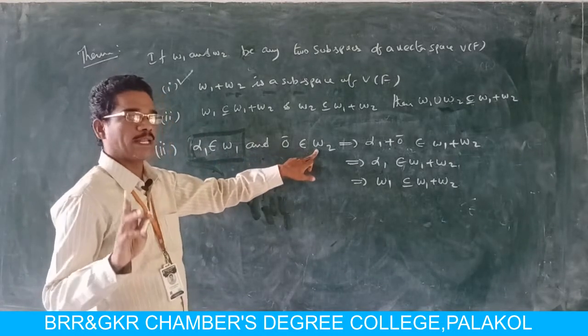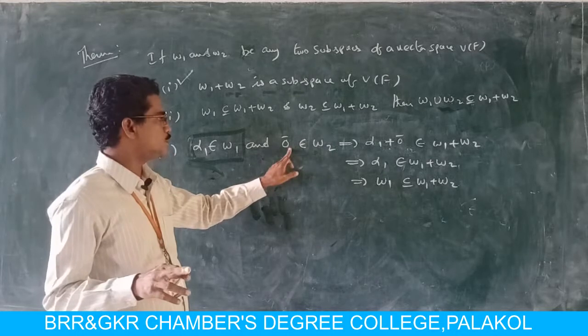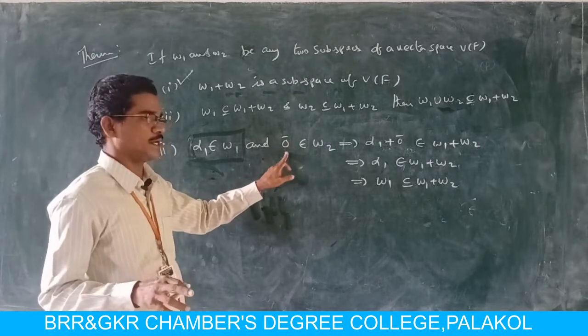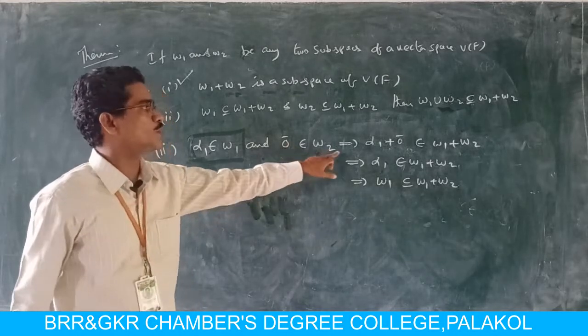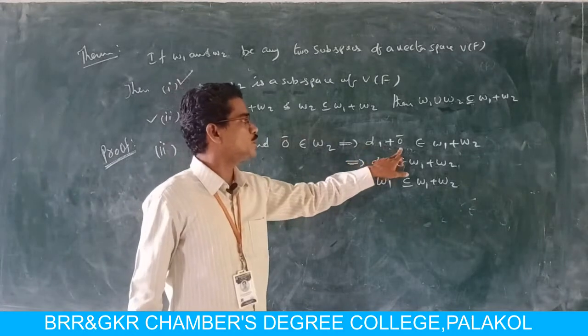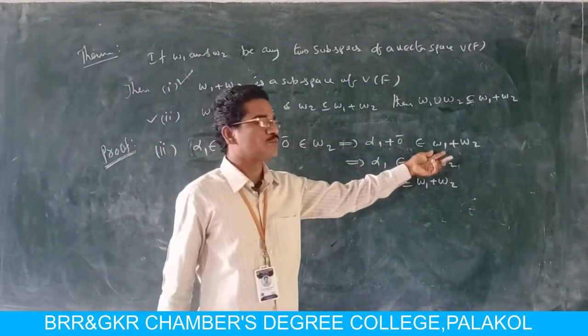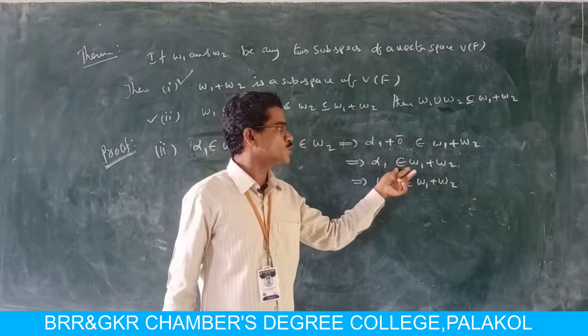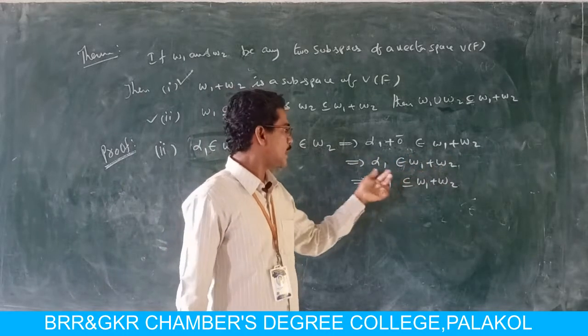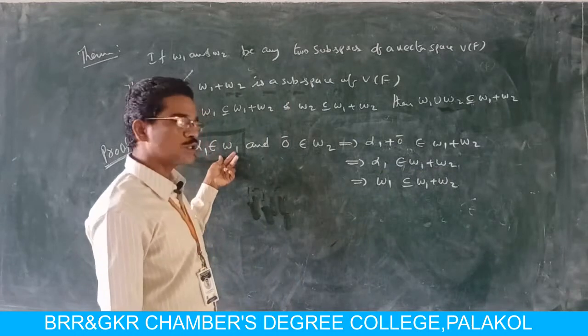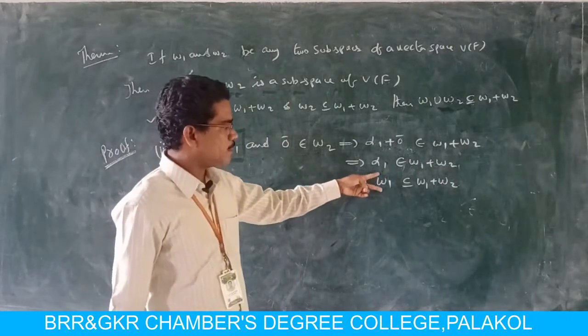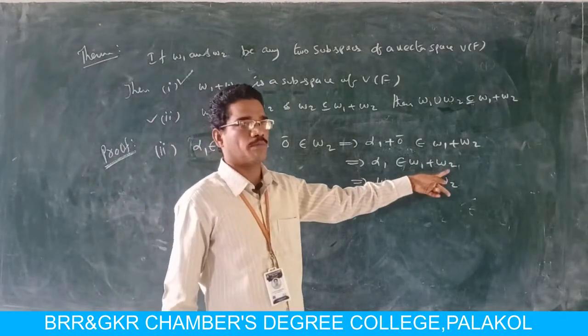Here W2 is a non-empty set, that means 0 bar, that is a vector. 0 bar belongs to W2 implies alpha 1 plus 0 bar belongs to W1 plus W2, implies alpha 1 belongs to W1 plus W2. Here alpha 1 belongs to W1, then W1 is a subset of W1 plus W2.